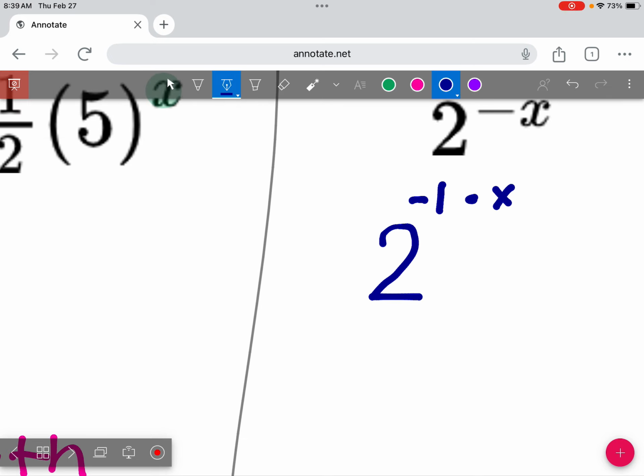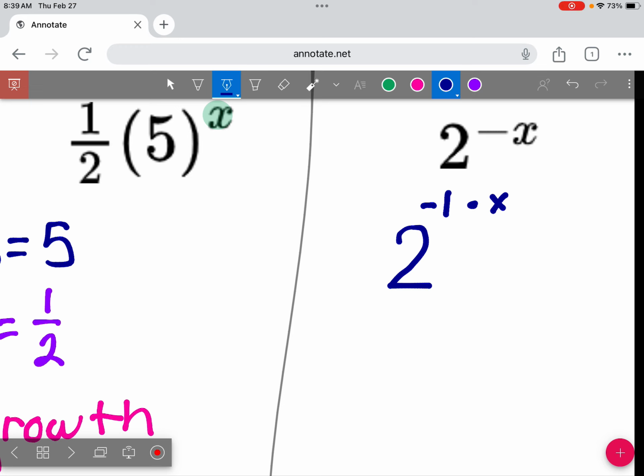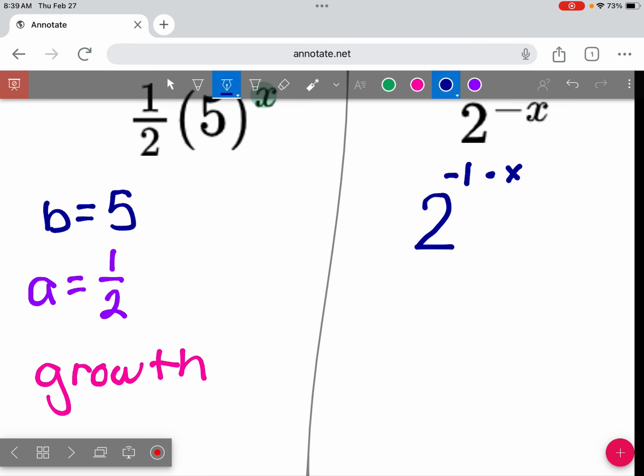And then if we think back to our old school algebra rules, and we remember that when I take exponents and I multiply them together, that is the same thing as if I take my 2 to the -1 and we raise it to the power of x. Those things all mean the same thing. I'm going to write it in one more different way. Because what does a power of -1 do?